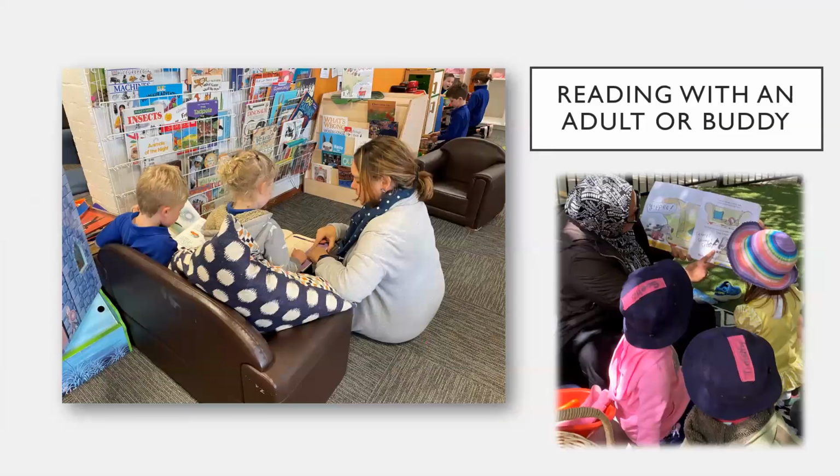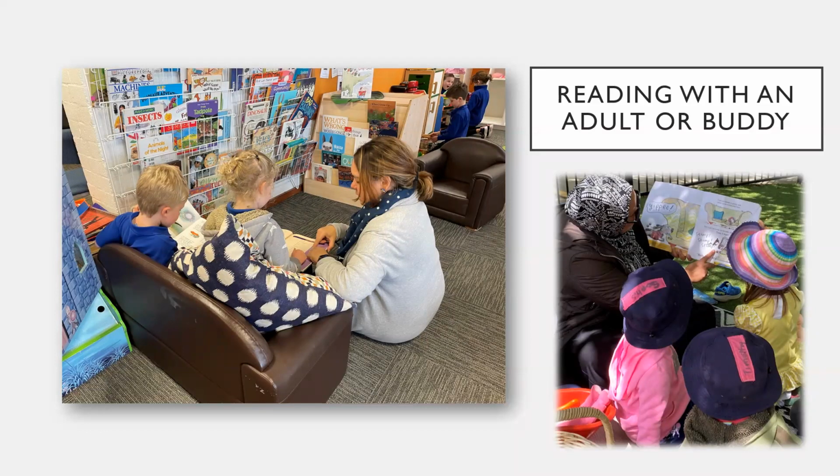And of course, if you're lucky enough to have another adult in the room, it's a really wonderful opportunity for them to have another book read to them, or to remember that to, with and by, they might be reading to this adult or with this adult, or the adult might be reading to them for a particular purpose.